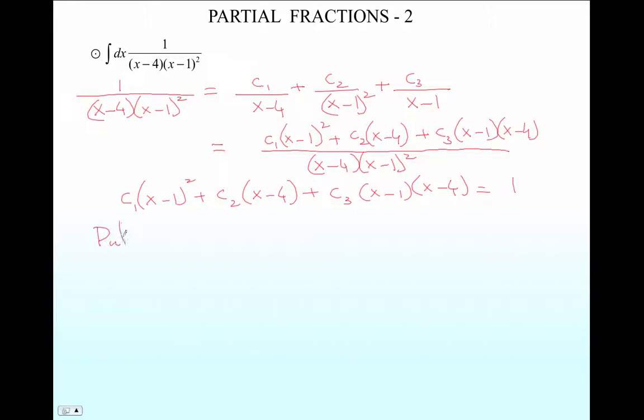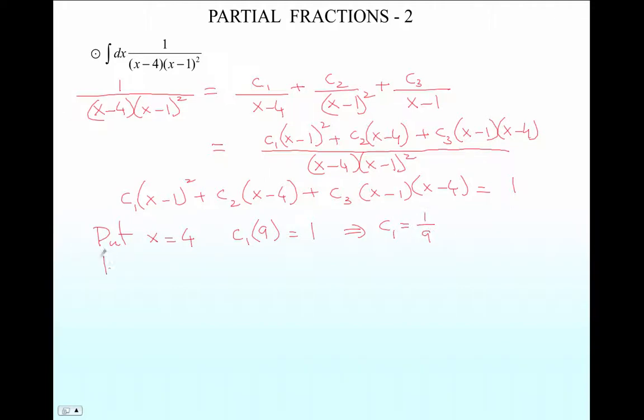Let me therefore put x equal to 4. If I put x equal to 4, you notice that the second term goes away and the third term goes away, and I have only c1 into 4 minus 1 squared, which is 9, and that's equal to 1. That tells me that c1 is equal to 1/9.